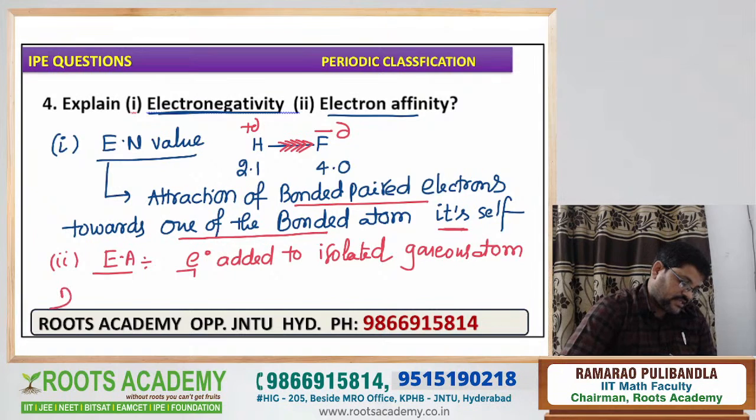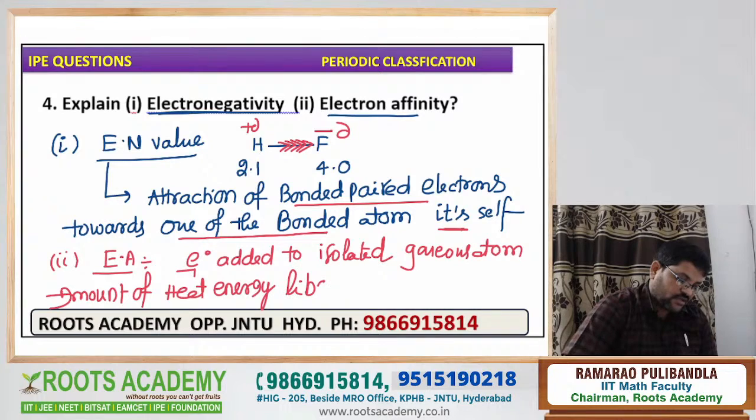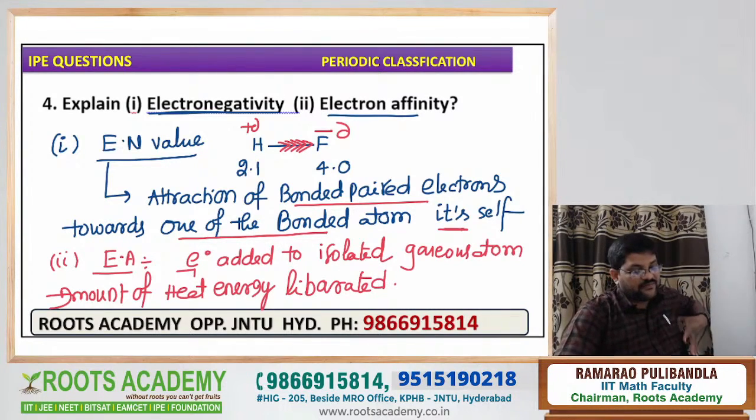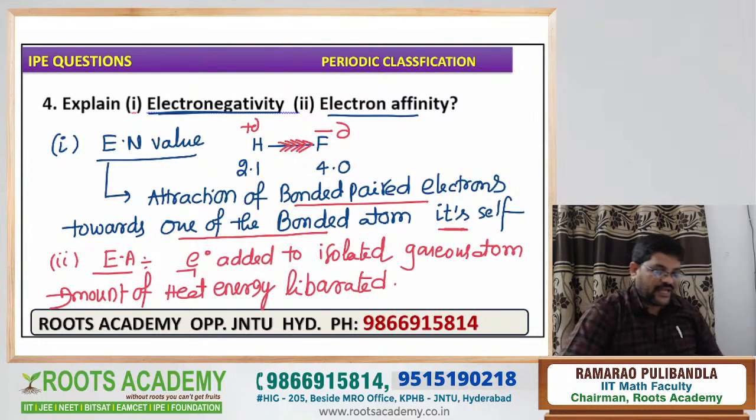Amount of heat energy liberated. That is the meaning of electron affinity. Repeat the statement once again: when an electron is added to an isolated gaseous atom, the amount of heat energy liberated is called electron affinity.